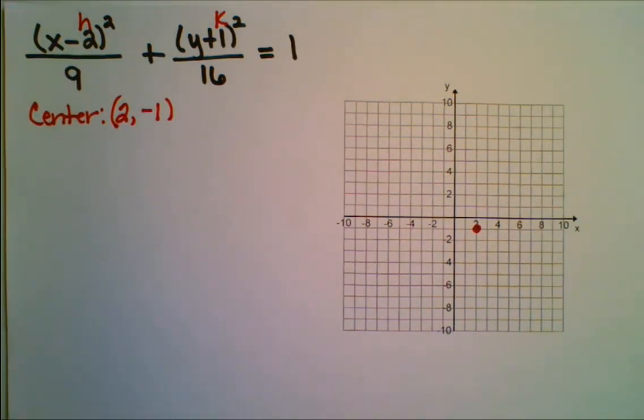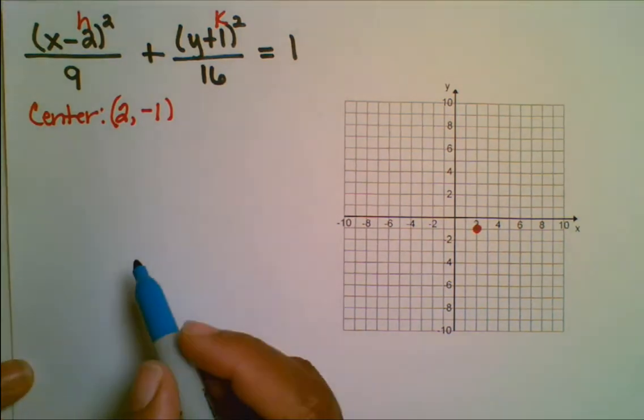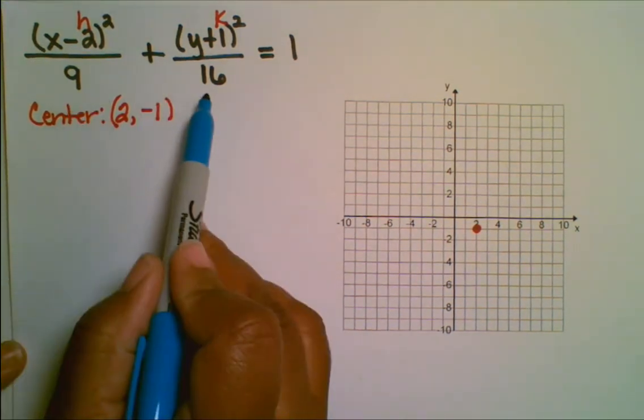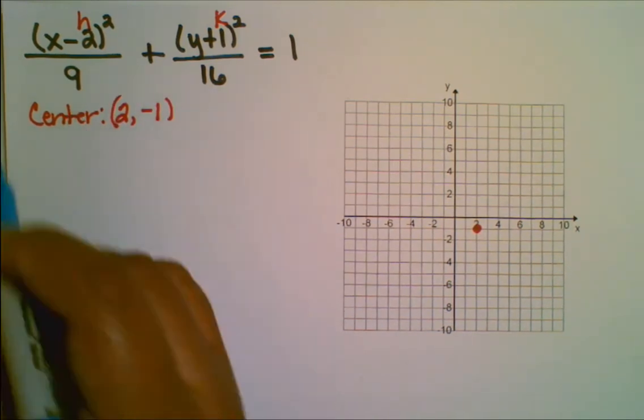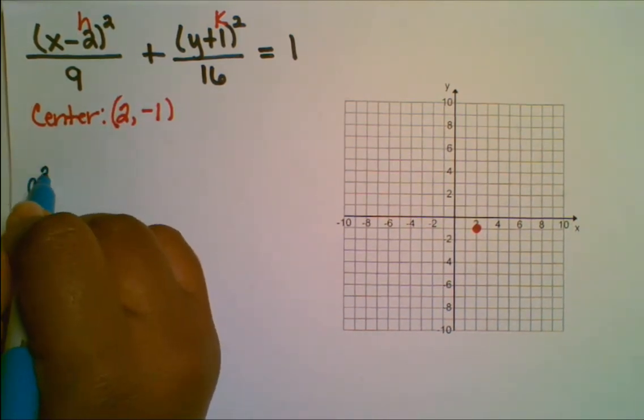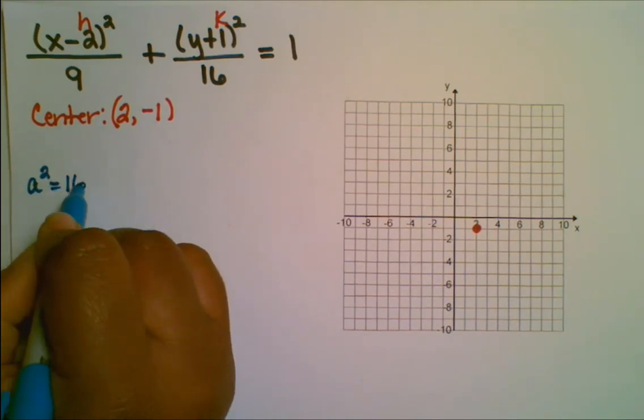And then we want to determine from the center how many units we're going to be moving left, right, up, and down. So to find our a squared, look for the highest number in the denominator, the highest constant term. So our a squared is going to be 16.